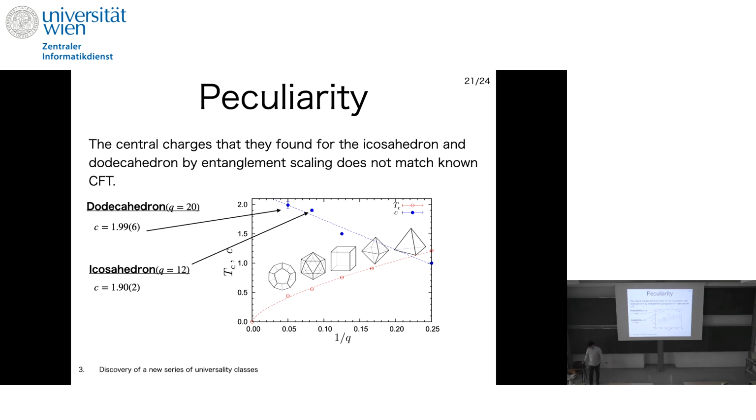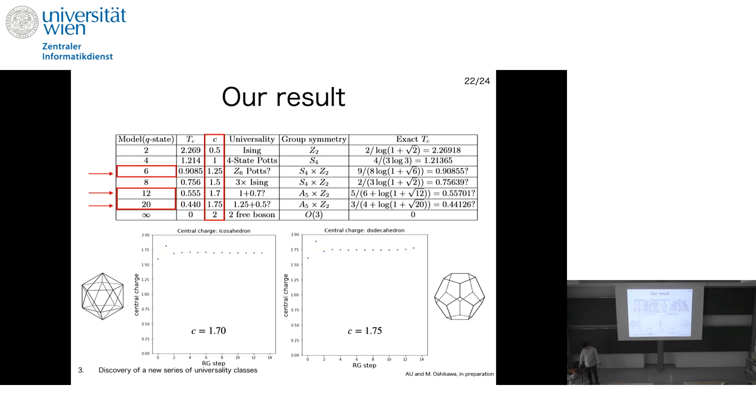So I calculated the same model again with the same method, then I got this. Okay, so this is octahedron, tetrahedron, cube, icosahedron, and dodecahedron. And for octahedron, even though I write 1.25, it was a first order phase transition.